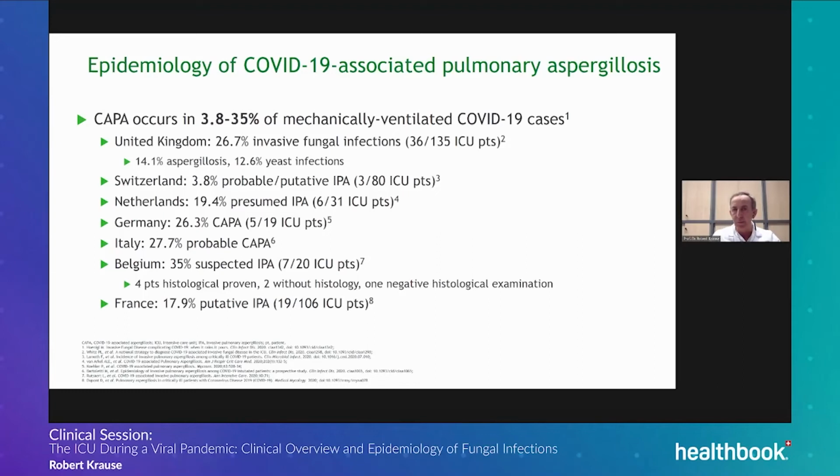This was surprising and not well understood when we first read these papers and studies. In Switzerland, it was very low, approximately 4%, up to 35% in Belgium. Most of the differences come from local epidemiology, of course, but also from different definitions that were applied to patients with pulmonary aspergillosis in these studies.